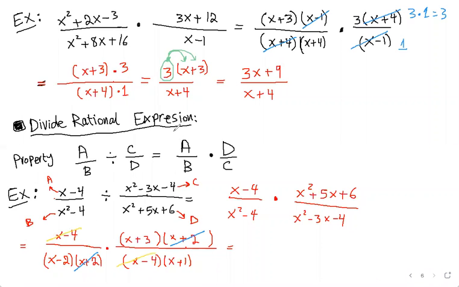Exactly. What else can we cancel? Nothing. That's it. So what does that give me? It gives me x plus 3 over this guy times this one, x minus 2 times x plus 1.